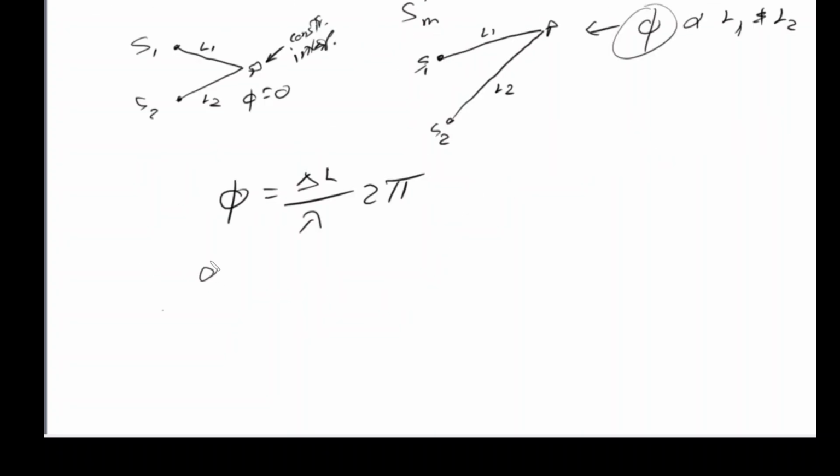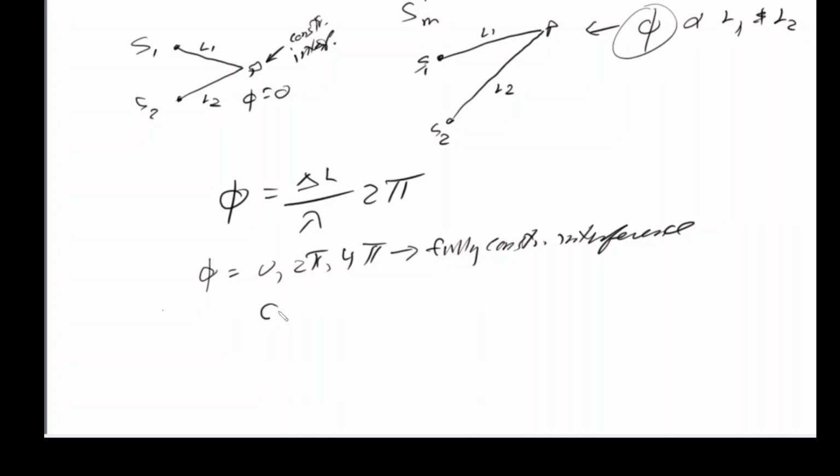Now, if phi is equal to 0 or 2 pi or 4 pi, in other words, an integer number of wavelengths, then that leads to fully constructive interference, because basically the waves are not out of phase.